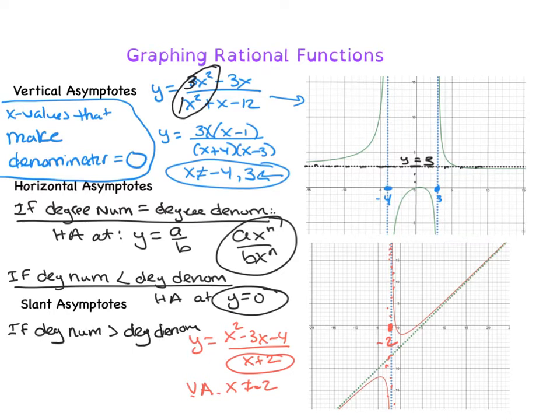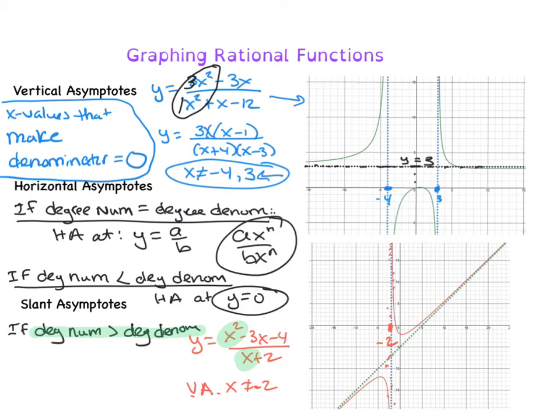This was x plus 2. If you look at this example, the degree of the numerator is a 2, the degree of the denominator is only a 1, so it fits. The degree of the numerator is bigger than the degree of the denominator.